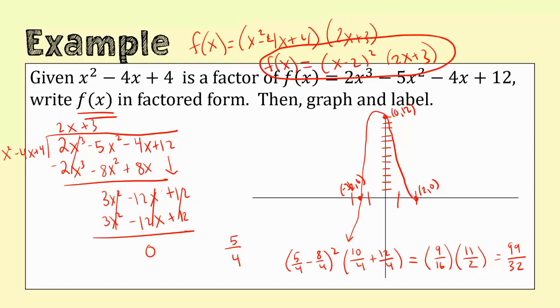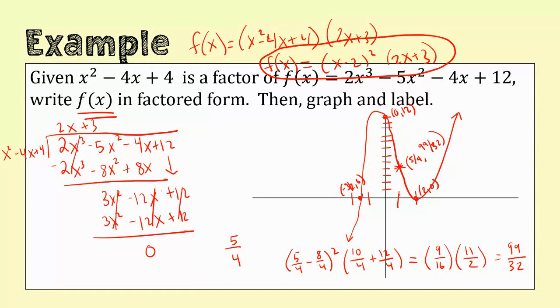And when it gets to 2, it's an even multiplicity, so it's going to touch it and turn around. What was it? 5/4, so a little bit more than 1. Yeah, that's not my greatest point. That's okay. And that's where it changes concavity. So kind of tying it all in together.